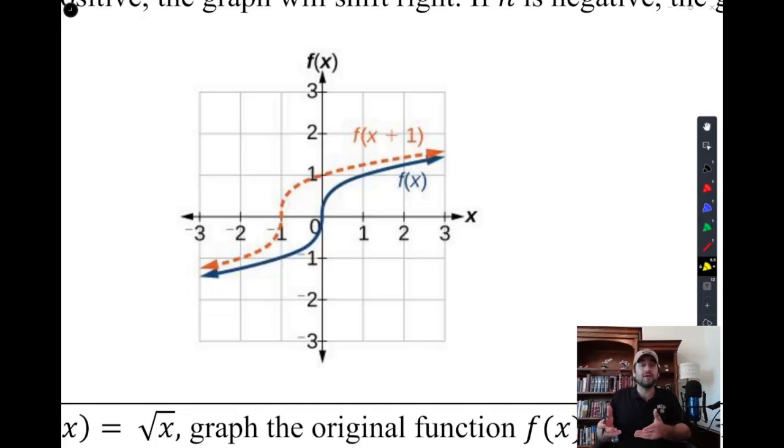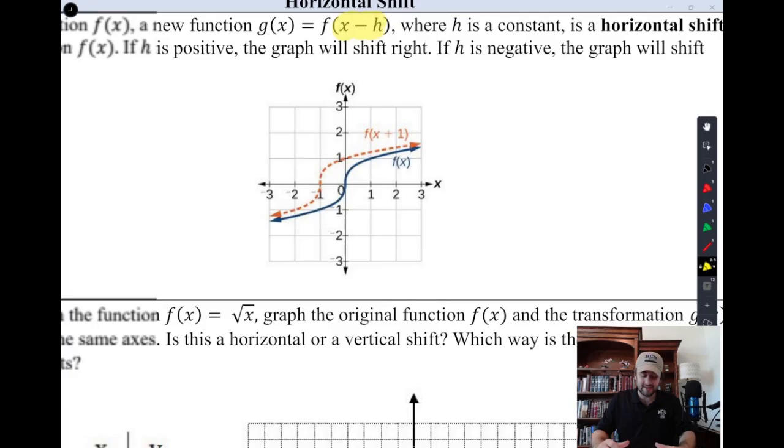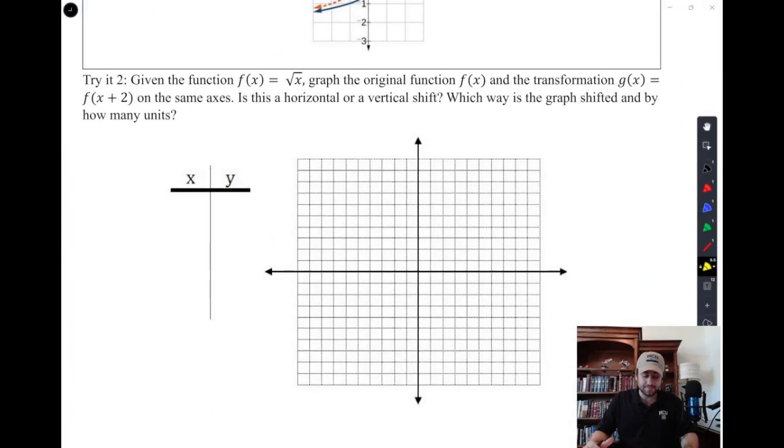Plus 1 on the inside doesn't send it to the right, but sends it to the left. And times 2 on the inside would actually make it smaller, or horizontally compress it by a factor of 2. So when it's on the outside, it does what you'd expect, and when it's on the inside, it does the opposite.